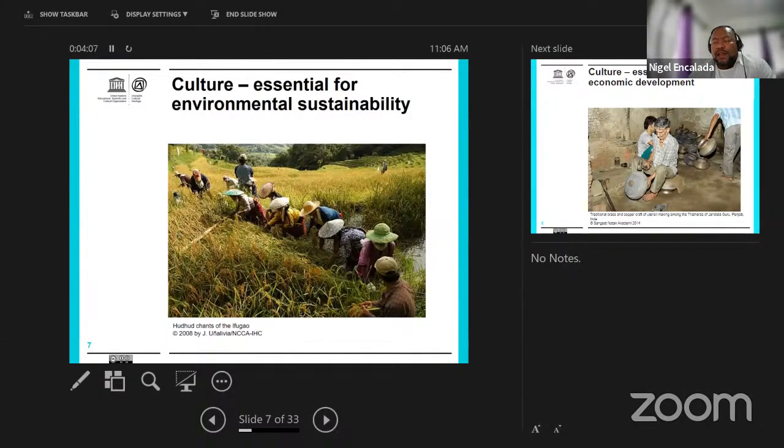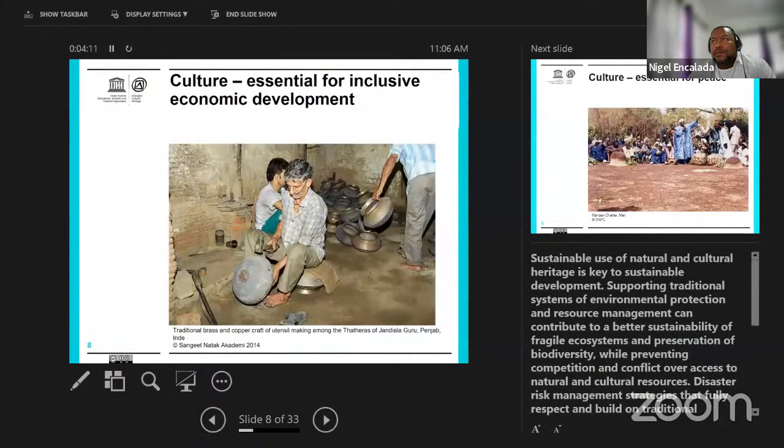I think this is a topic that has been in the backdrop all along here. For inclusive economic development. So picture where ICH fits into this. How can we take our practitioners and knowledge bearers and persons involved with ICH and create sustainable livelihoods for them?